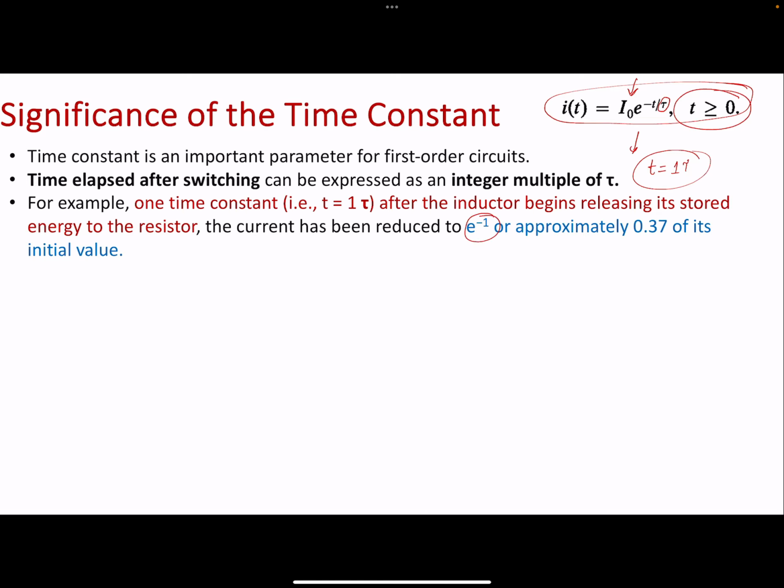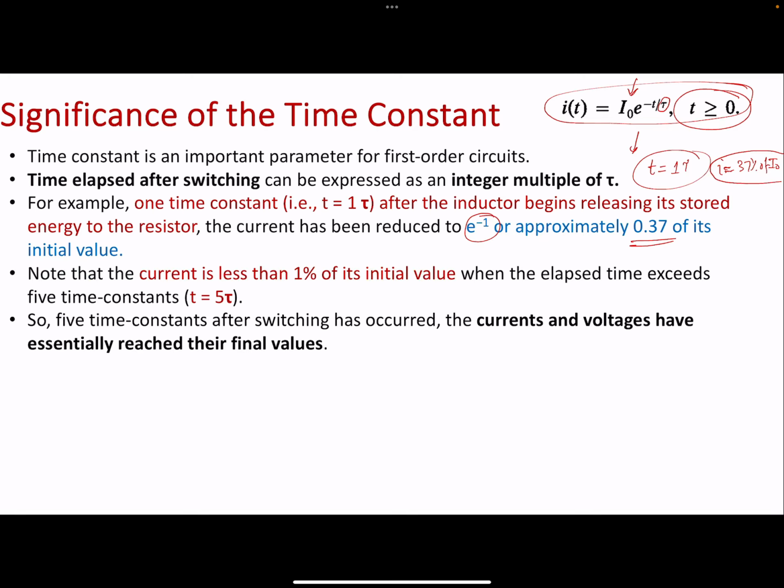So you're going to see that it comes out to be approximately 37 percent of the initial value, right? So at 1 tau, your current becomes 37% of I naught.